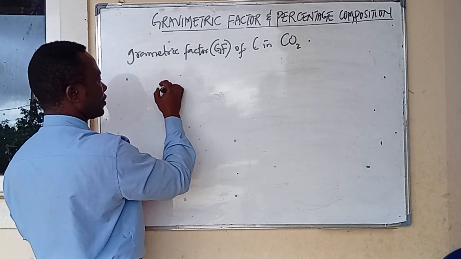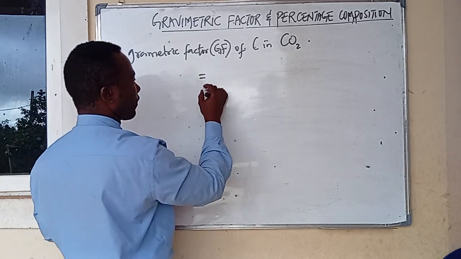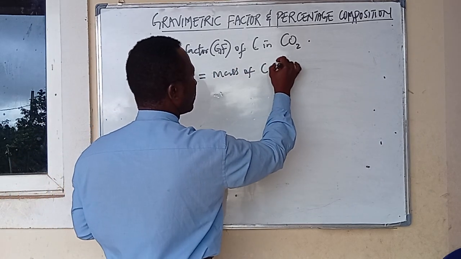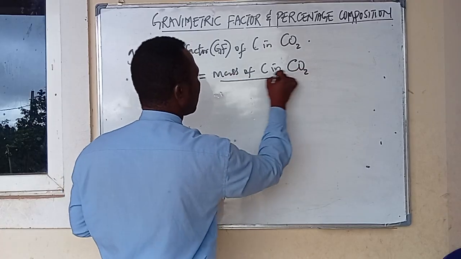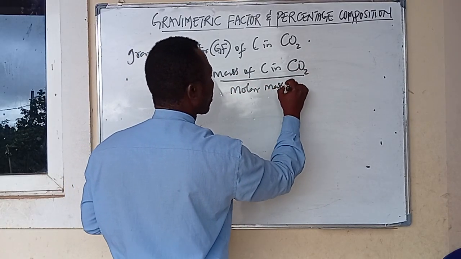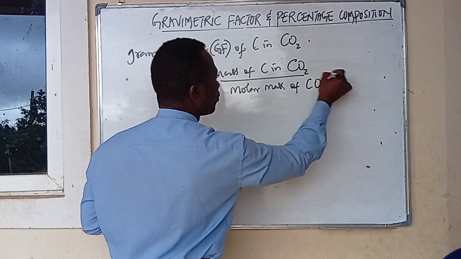It will be equal to mass of carbon in CO2 divided by molar mass of CO2.